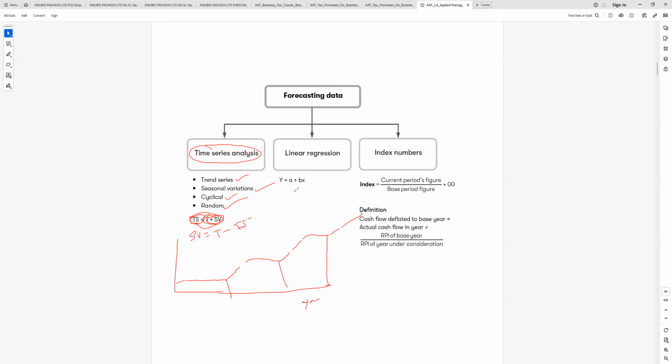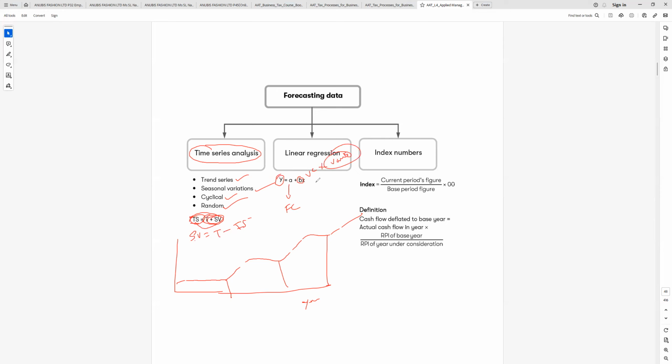The next one we have here is the linear regression. With the linear regression, you have to remember this formula: y equals a plus bx. Looking at the individual variation, here y is the total cost, a is the fixed cost, b is the variable cost per unit, and x represents the variable.